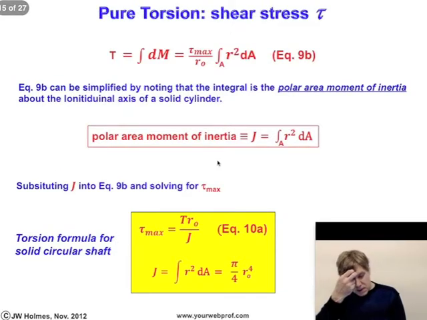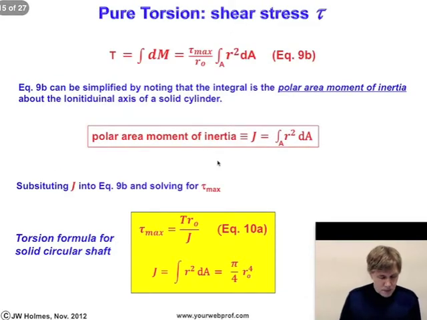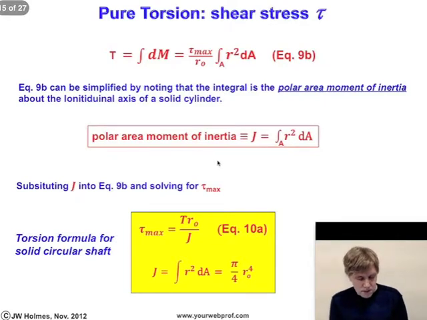We can simplify equation 9b, which I state here again at the top of the view graph.